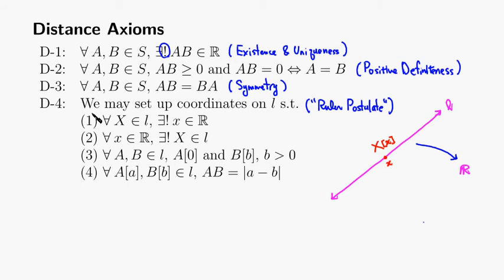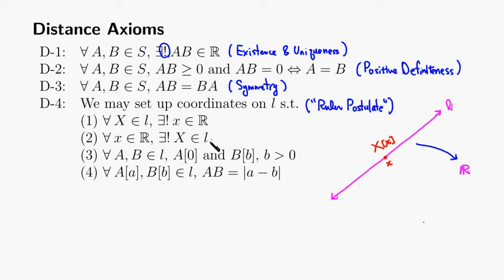How about part 2? It says that for any coordinate, any real number x, you have exactly 1 point whose coordinate is that number. If you think of a mapping from the points on the line to a real number, part 1 said that it is going to be a function, because every single point on this line has a single real number corresponding to it.